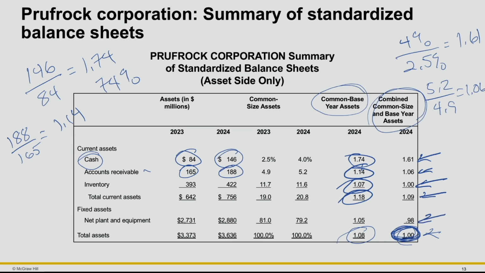PPE was a little bit slower, but since it's such a big piece of the pie anyway, that'll drag down our overall total assets down to the scale of 1. By definition, that's what we're doing anyway, though. All right. Hopefully that makes a little more sense now.